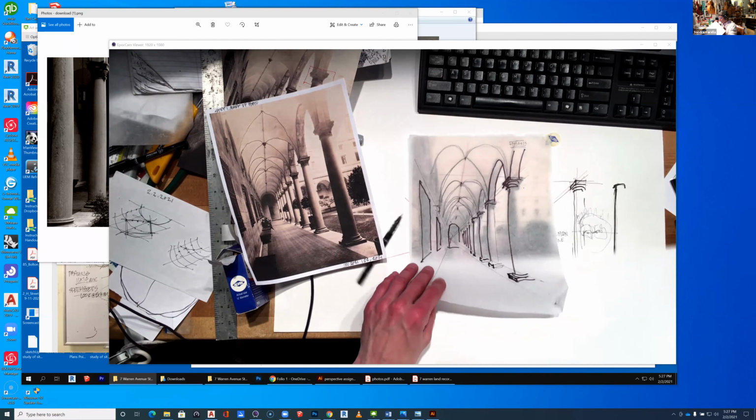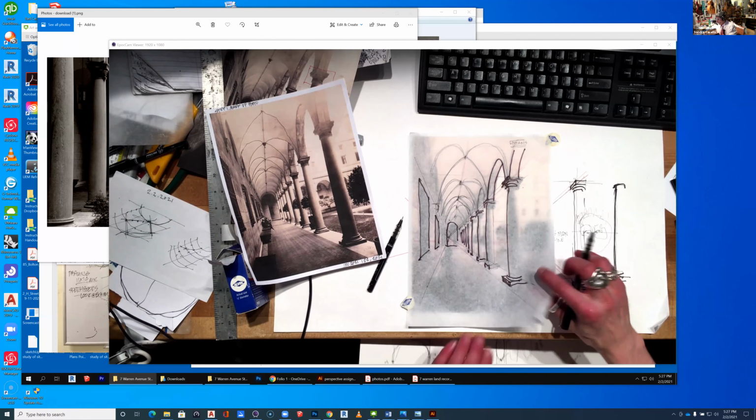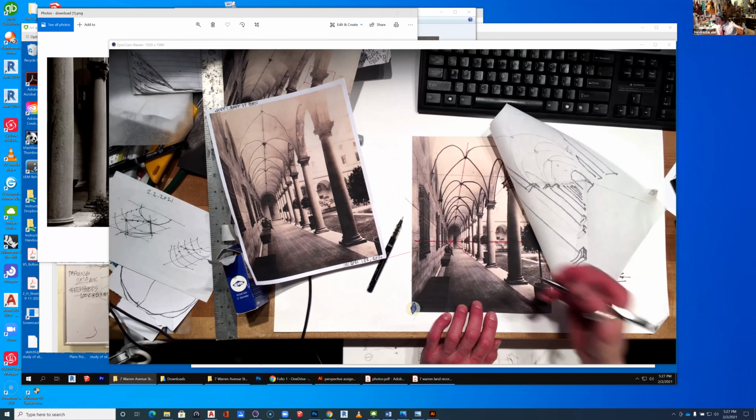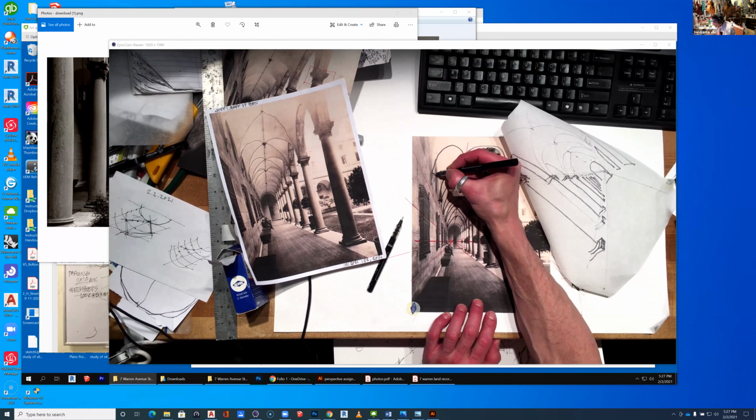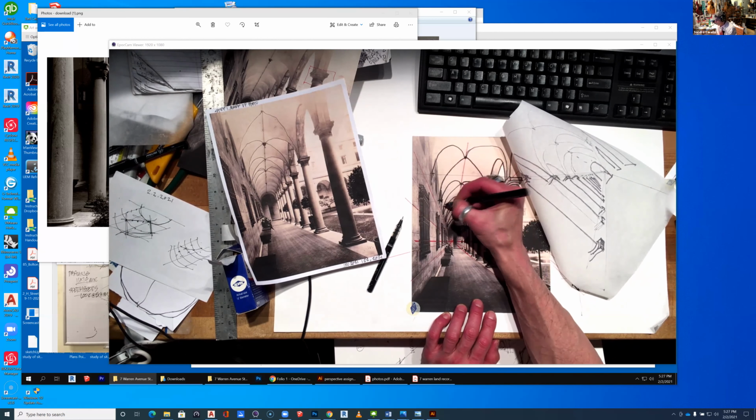Oh, there it is. Looks like there are some arches against this wall, but they're very severe.